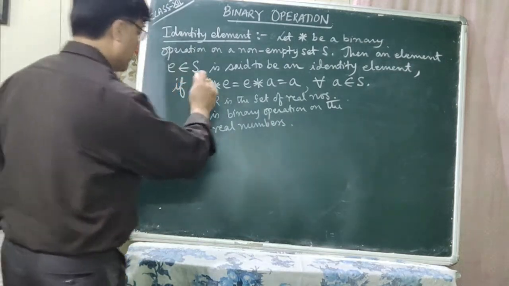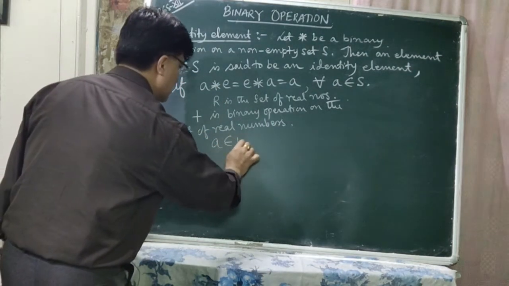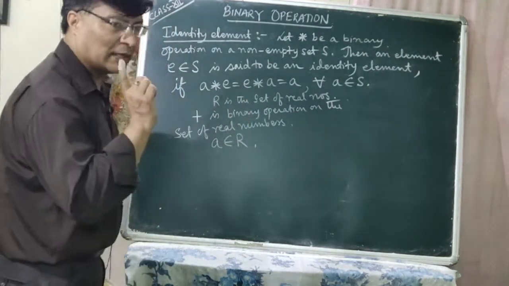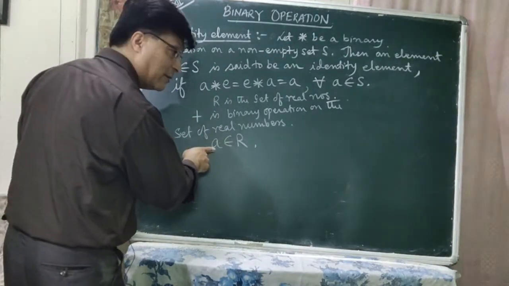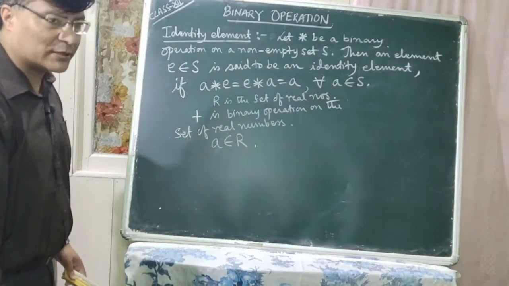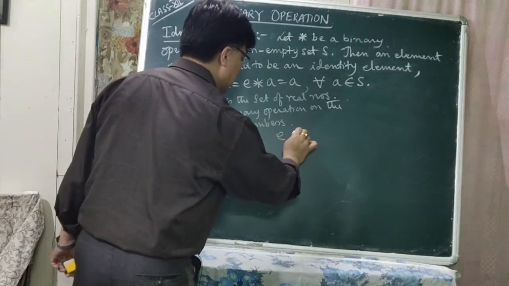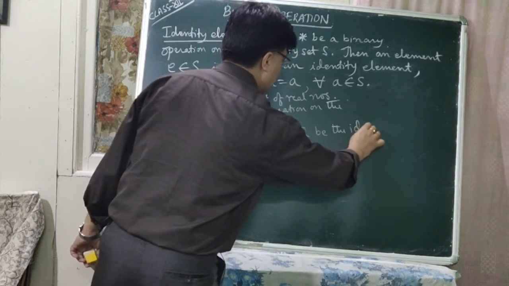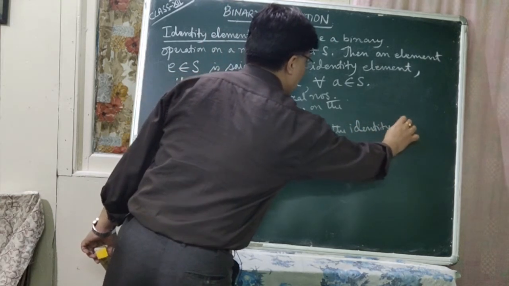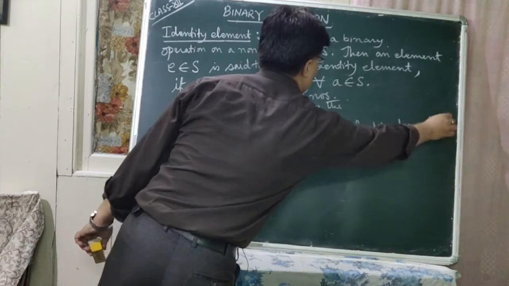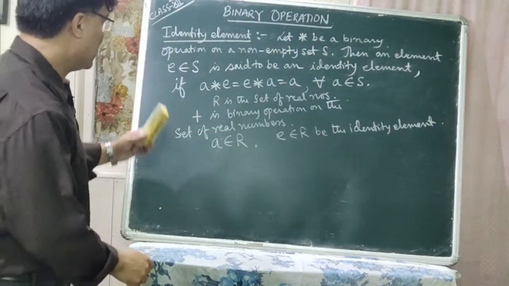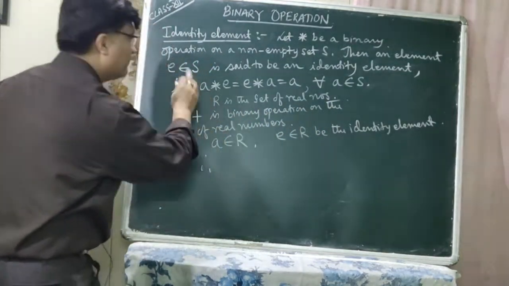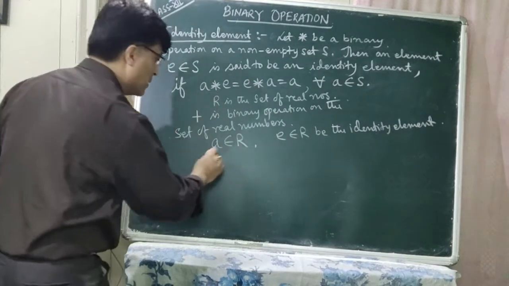Now you know that A belongs to the set of real numbers. Let us get the identity element of this element A. Let E belonging to R be the identity element. Now plus is a binary operation on the set of real numbers, so by definition, instead of star you can write plus.